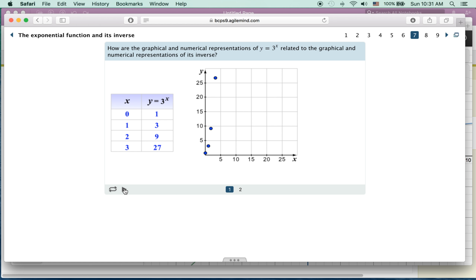Now, if you remember from yesterday, we can get this inverse function by flipping the axes, by making the dependent variable the independent variable and vice versa, by taking what's on the y-axis and putting it on the x-axis, and by taking what's on the x-axis and putting it on the y-axis.